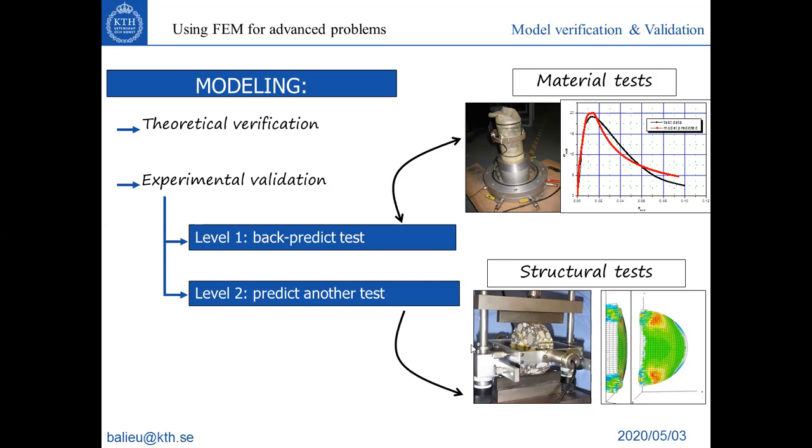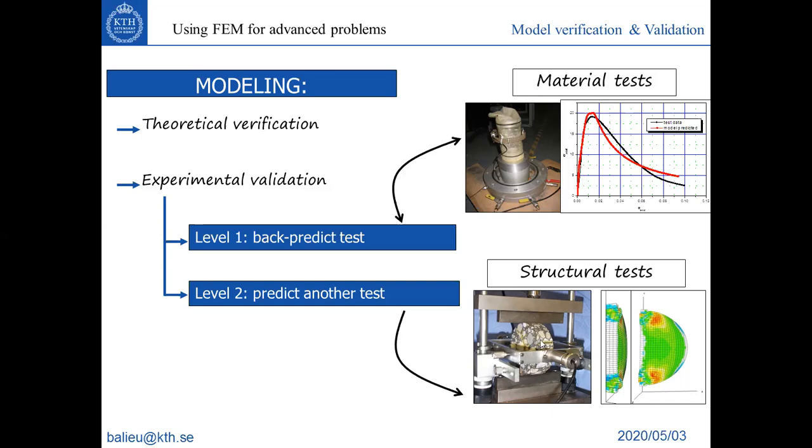What does it mean? So here is a test. I already discussed this test very quickly. It's an indirect tensile test. So you apply a compression load on a cylindrical specimen. So it's compression in this direction, then in the transverse direction, due to the geometry of the specimen, you have a tension in the middle, so tensile stress.